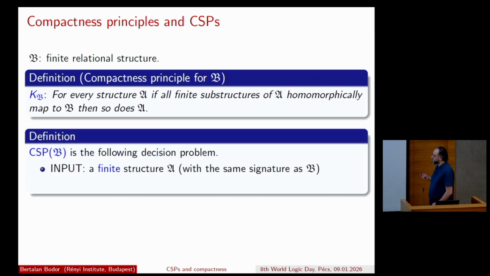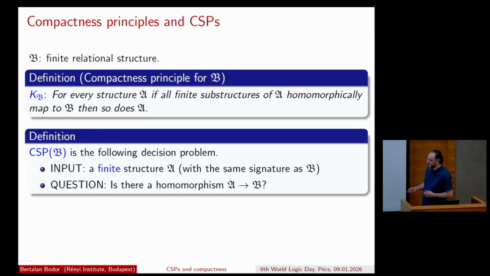And then, okay, this is where CSPs come into the picture. The CSP over a structure is a decision problem, right? So it's a computational problem, and it's phrased in terms of homomorphisms. We have an input structure, say A. Again, we assume it has the same signature as B. And the question is whether there's a homomorphism from A to B. In general, we are interested in the computation and complexity of this.